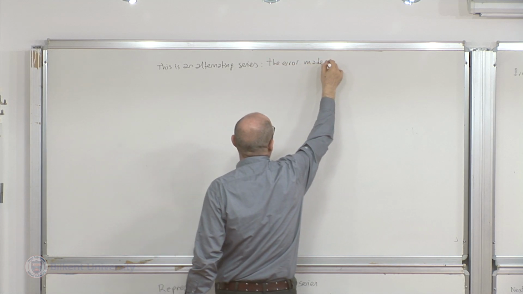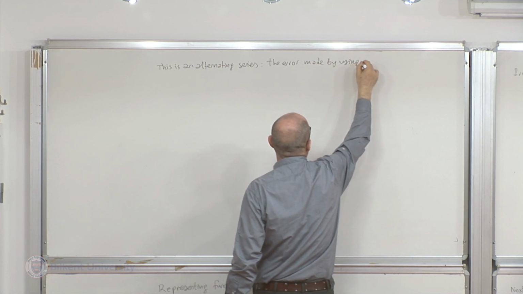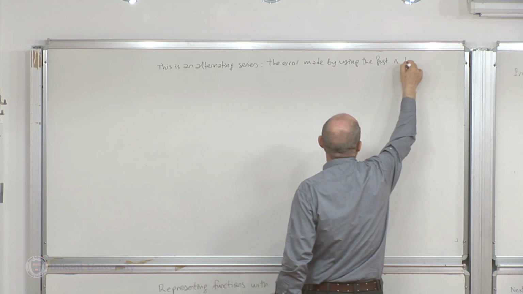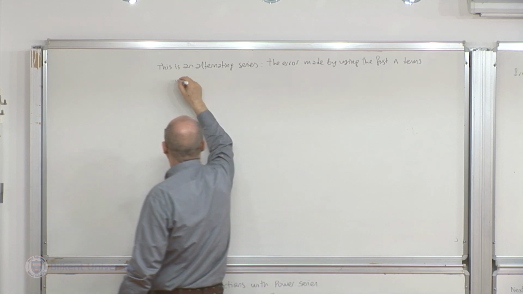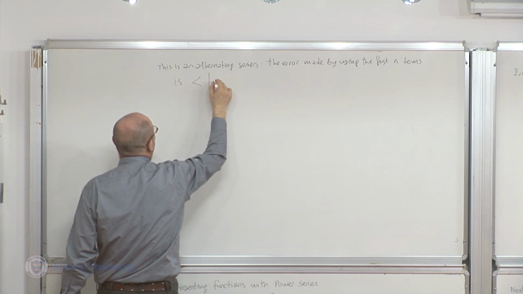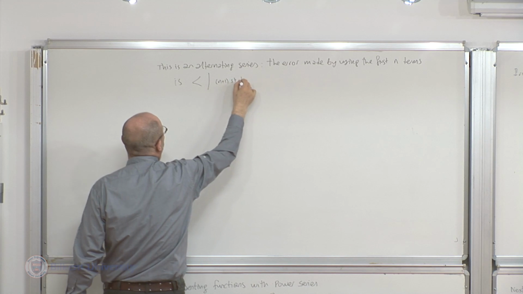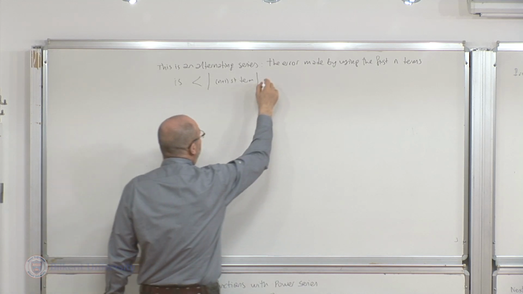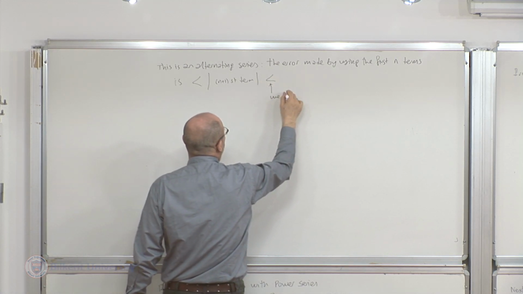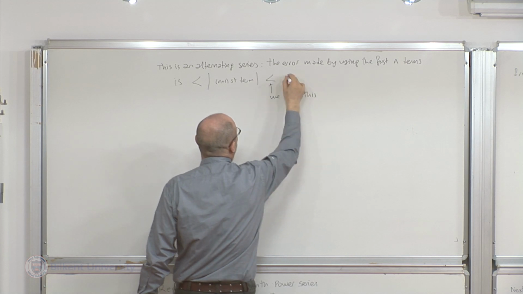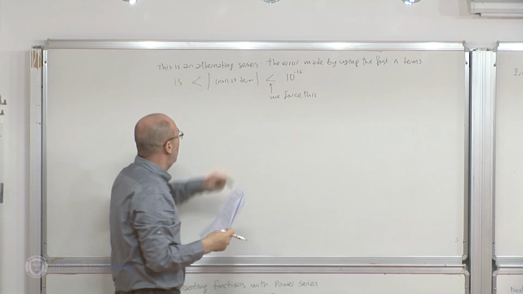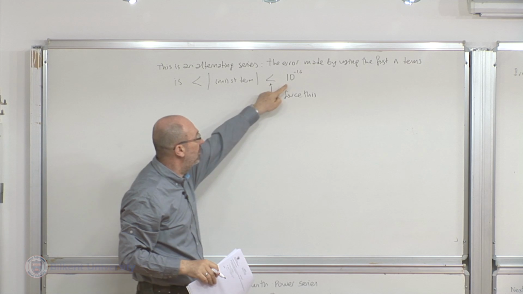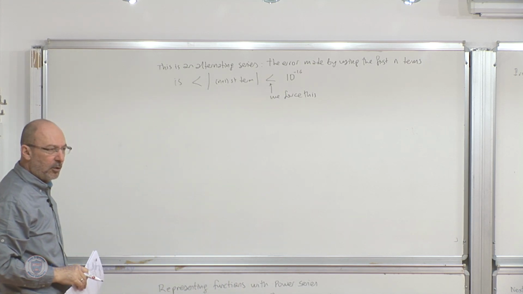The error made by using the first n terms is less than the absolute value of the n plus first term. So we force this to be less than 10 to the minus 6. If this is less than this, then the error I'm making by using the first n terms is less than this. That's the small trick we are using.